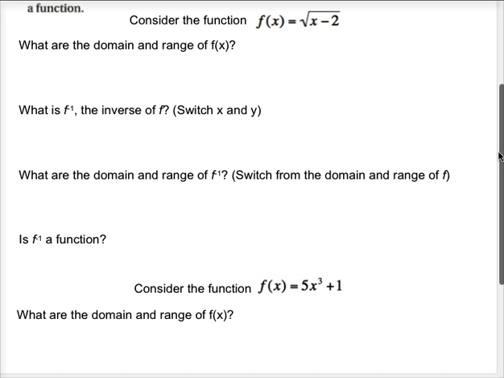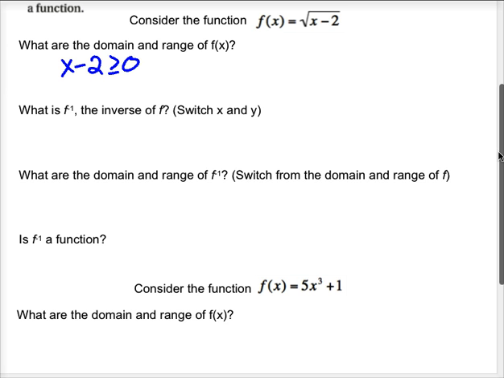So looking at this one, we want domain and range. Well, for the domain, what we're looking for is what values can we use for x? Well, remember when we're square rooting, we have to say that the inside of the square root must be positive.